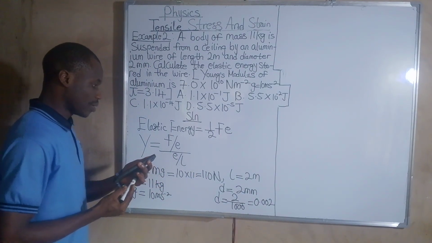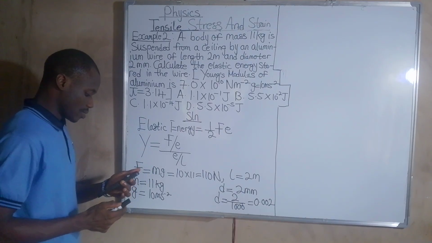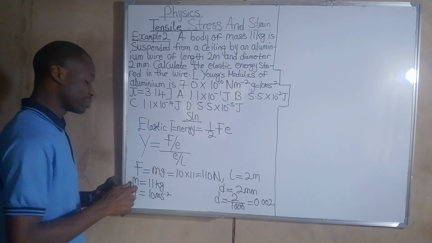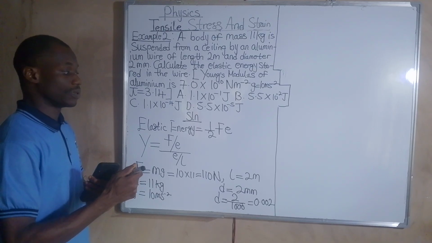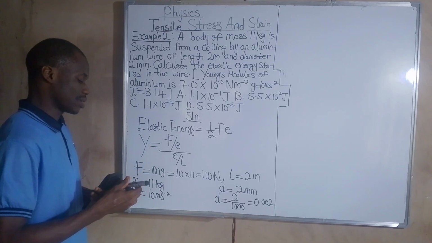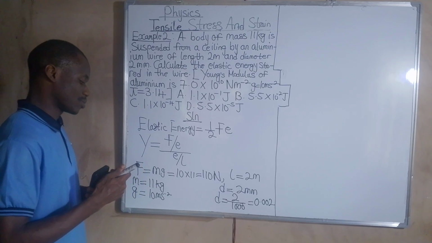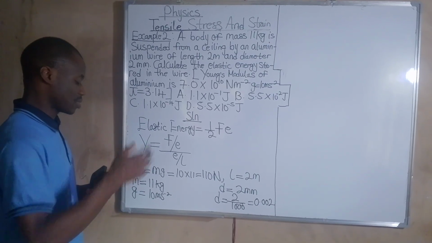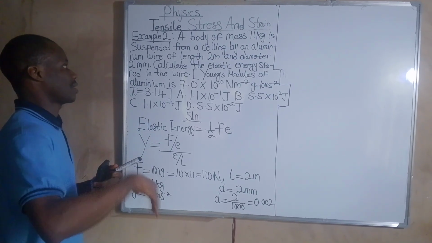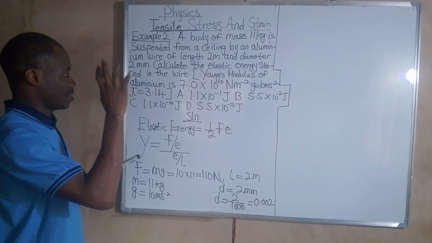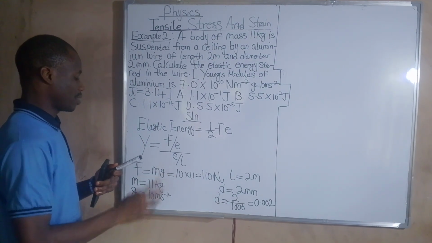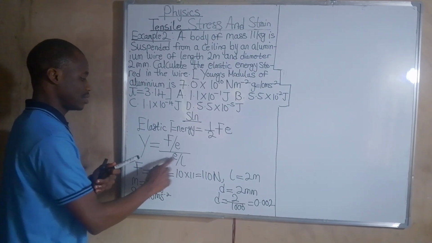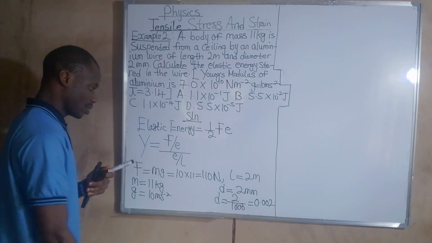Now, remember that at times the force is equal to the weight. Like you can say F is equal to W, W is equal to mg. That's weight on Earth. But I don't think we need all those things here, because what we're interested in is Fe.